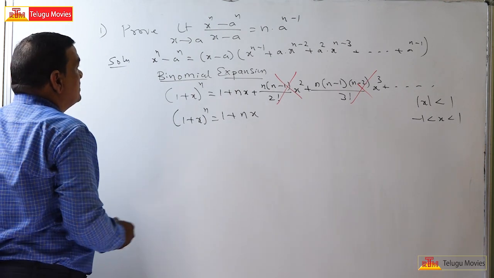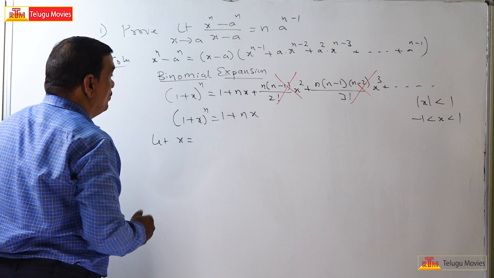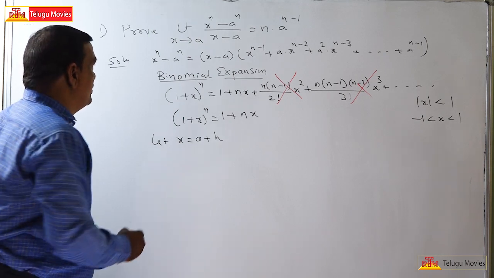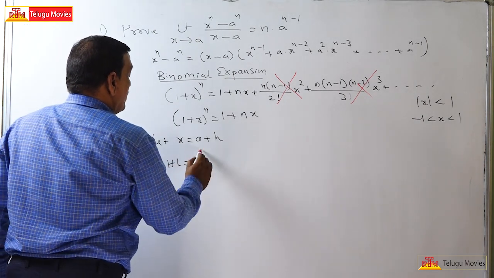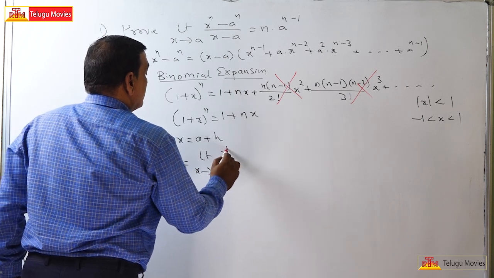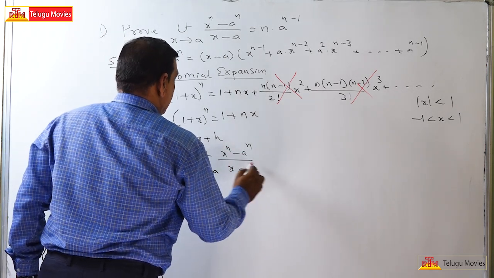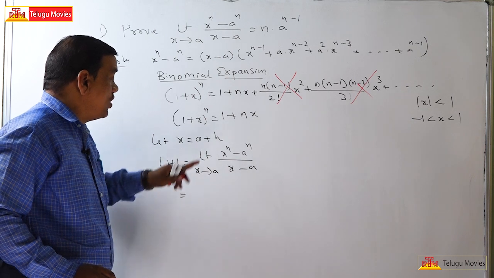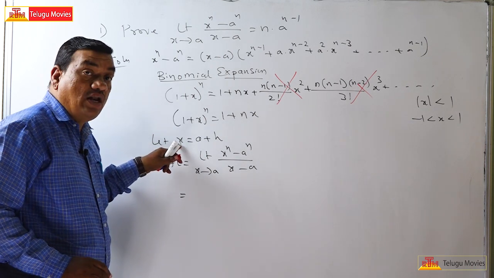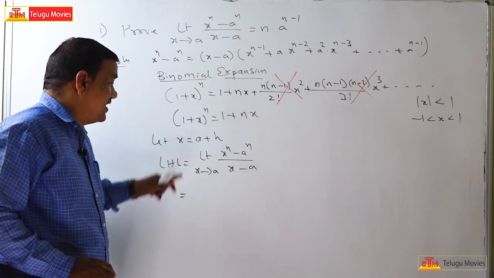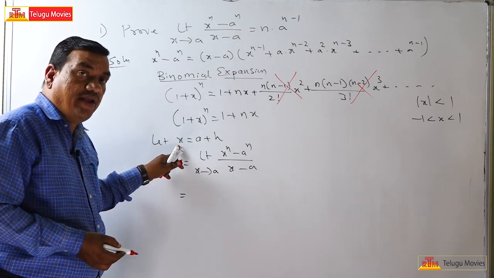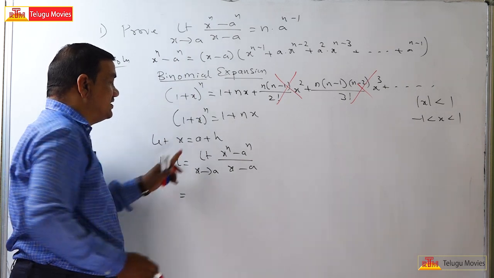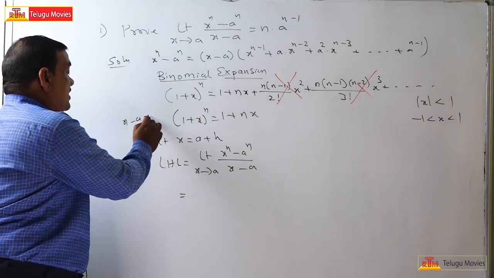Now, let us take x equal to a + h, and substitute it in the given expression. The left hand side is limit x tends to a of (x^n − a^n)/(x − a). Now see here, x is equal to a + h, so x − a is equal to h.